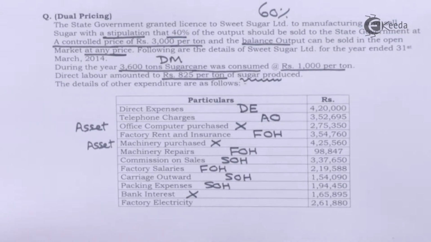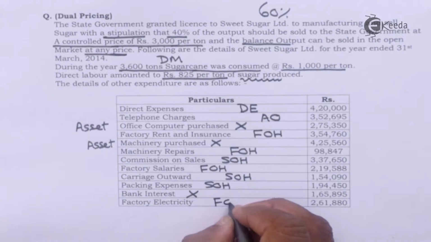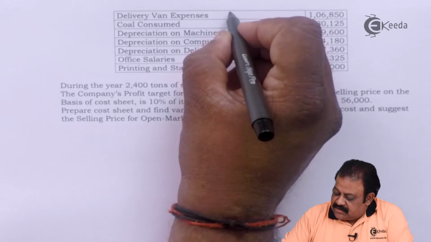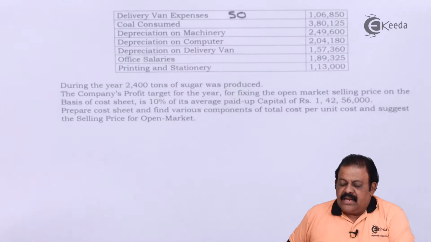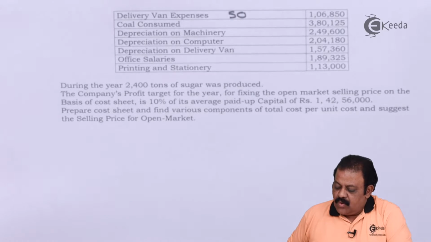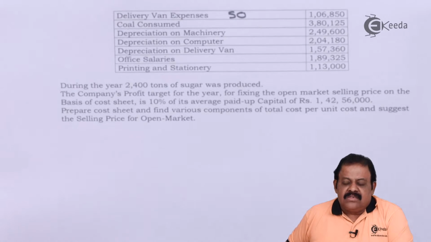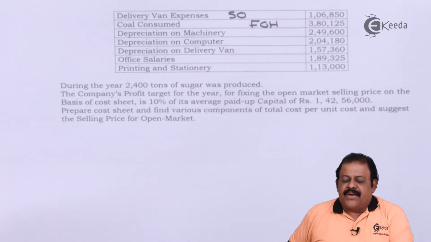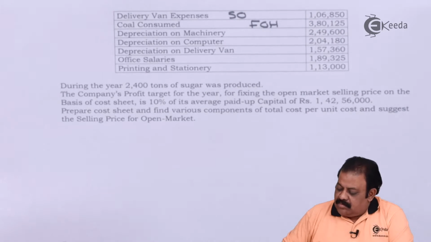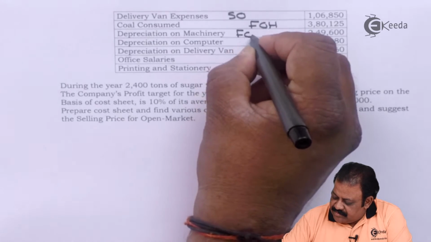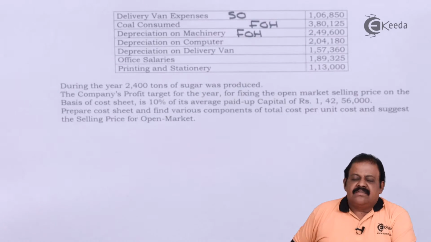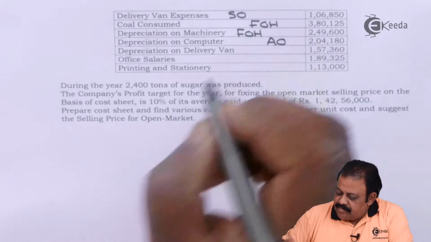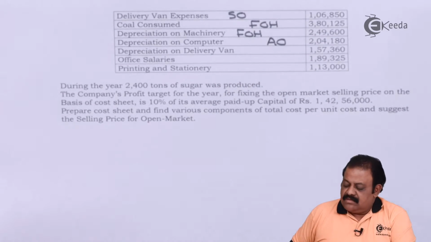Factory electricity, factory overheads. Delivery van expenses, selling and distribution overheads. Coal consumed, factory overheads. Depreciation on machinery, factory overheads. Depreciation on computer, administration overheads.